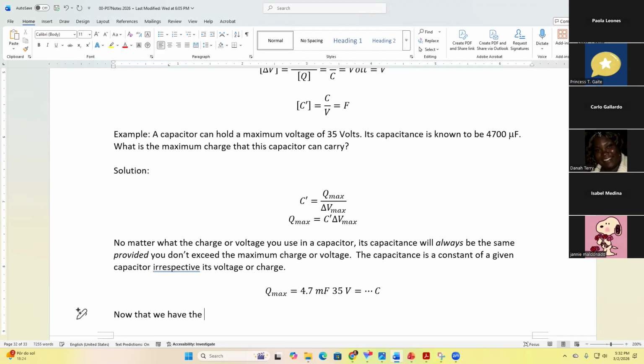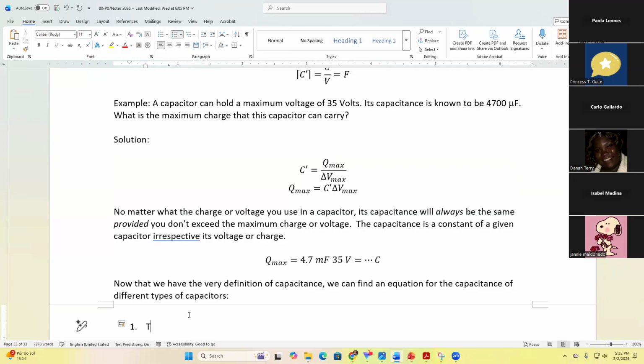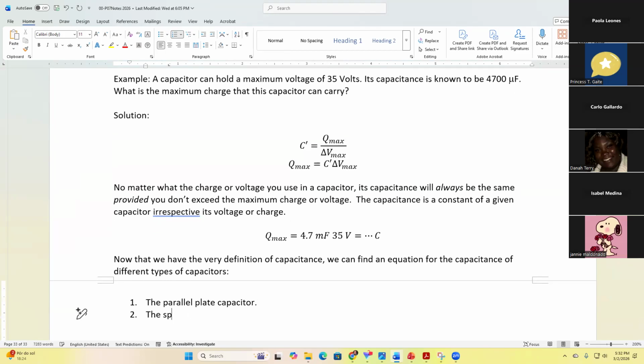Now that we have the very definition of capacitance, we can find an equation for the capacitance of different types of capacitors: the parallel plate capacitor, the spherical capacitor, the cylindrical capacitor. In both of the latter cases, we are talking about concentric, right?